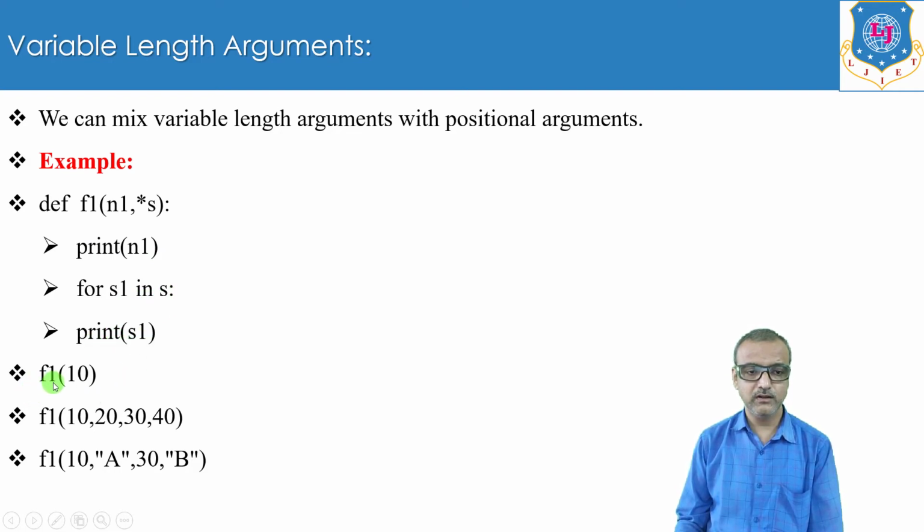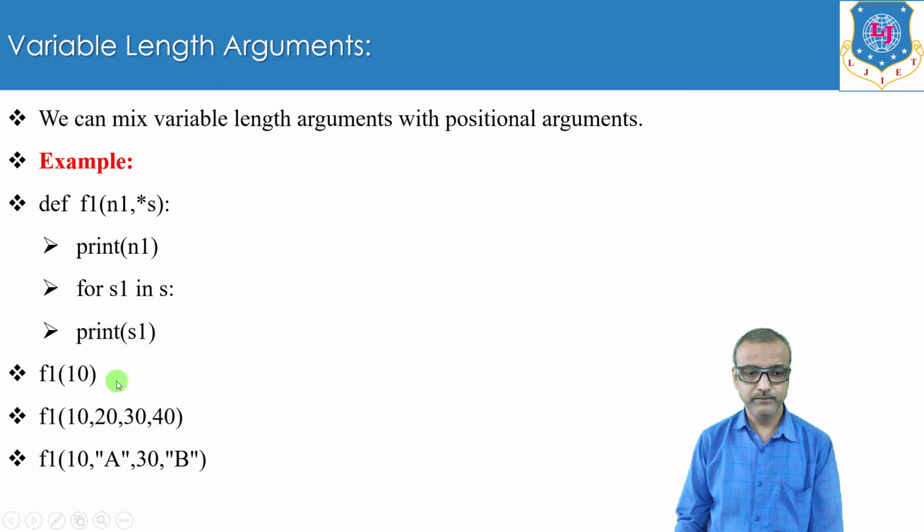See, if I call this function f1(10), what will it do? It will print 10 only, because here it is print n1, and this one is a positional argument. So 10 will be assigned to n1 and the output will be print n1, so it will print 10. Now if I call this function, that is f1(10, 20, 30, 40), what will it do?